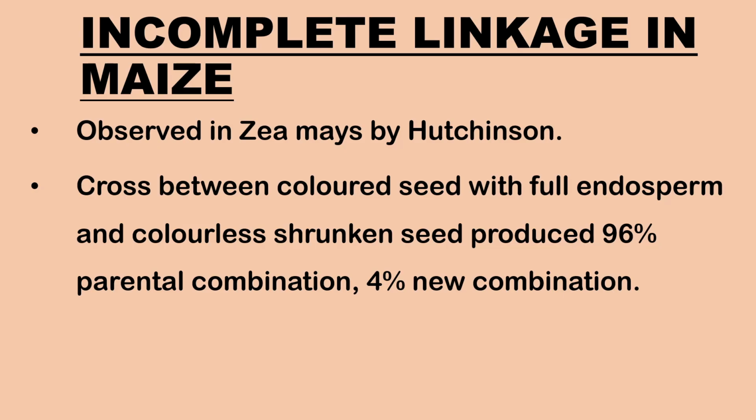So today we have learnt in detail about salient features and types of gene linkage, coupling and repulsion hypothesis, Morgan's view of linkage, incomplete linkage in Drosophila and Zea maize.